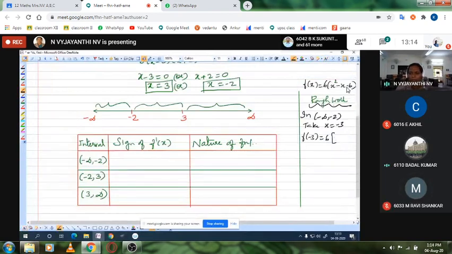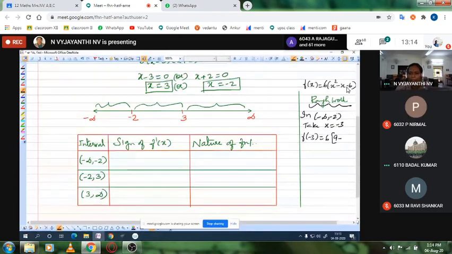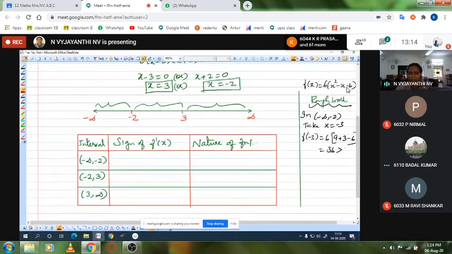Minus 3 the whole square becomes 9, minus of minus 3 becomes plus 3, minus 6. So 6 into 6 is 36. 36 is greater than 0, so the sign is positive.